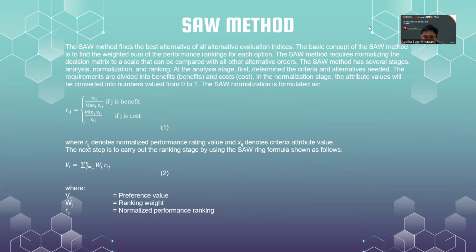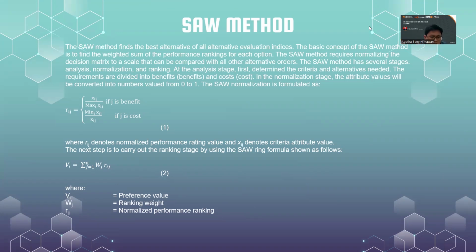The SAW method has several stages: analysis, normalization, and ranking. At the analysis stage, first determine the criteria and alternatives needed. The criteria are divided into benefits and costs. In the normalization stage, the attribute values are converted into values from 0 to 1.